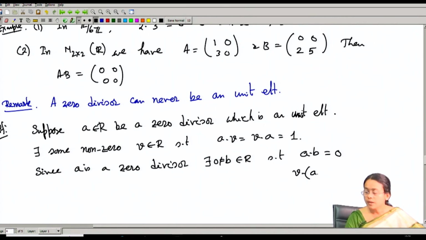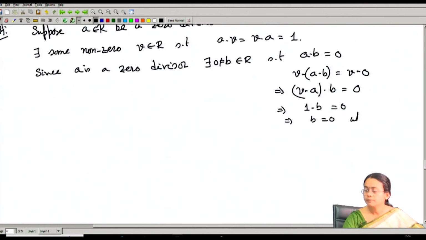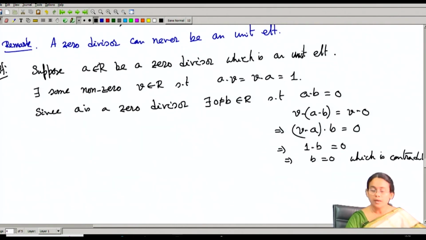V into A dot B is equal to V dot 0, which says V dot A dot B is 0, and now V dot A is nothing but the identity. So, therefore, identity dot B is 0. This implies that B is 0, which is a contradiction. Therefore, we have proved that a zero divisor can never be a unit element.